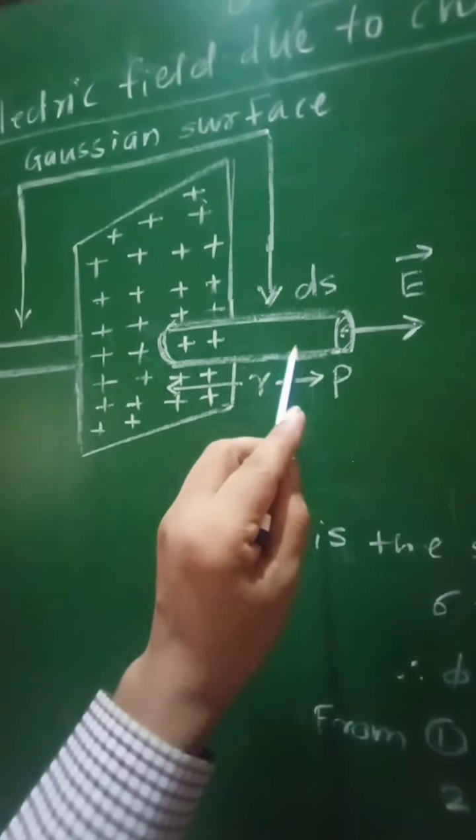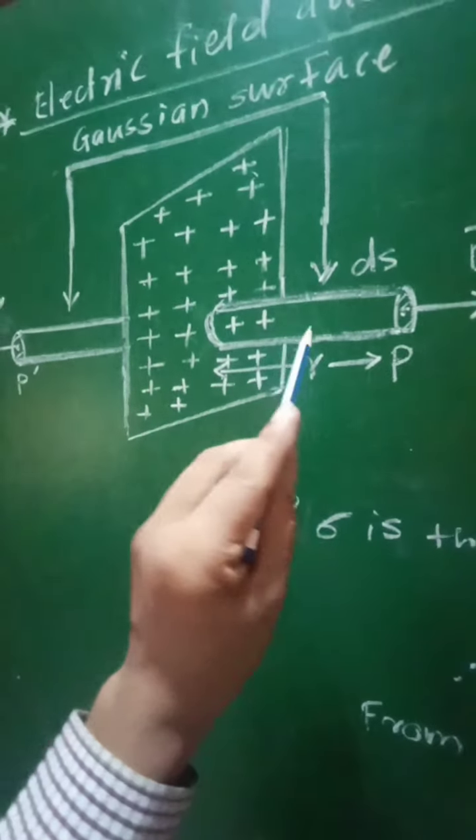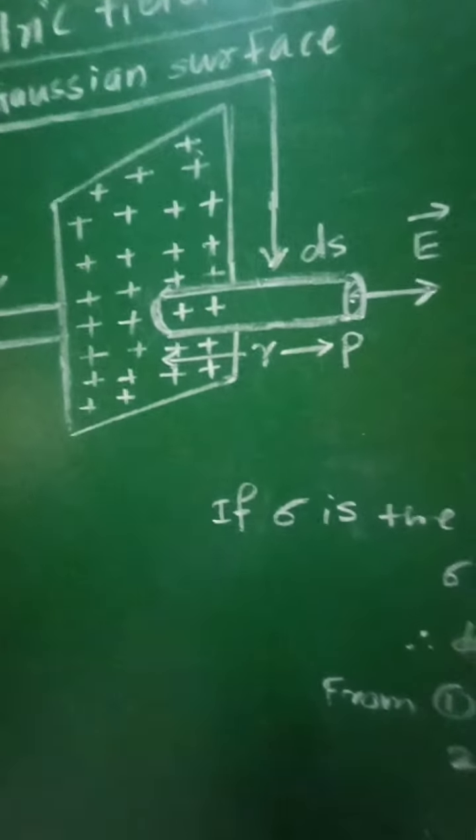Therefore the electric field will be the same in magnitude at these 2 points, only it will be directed away from the plane sheet.